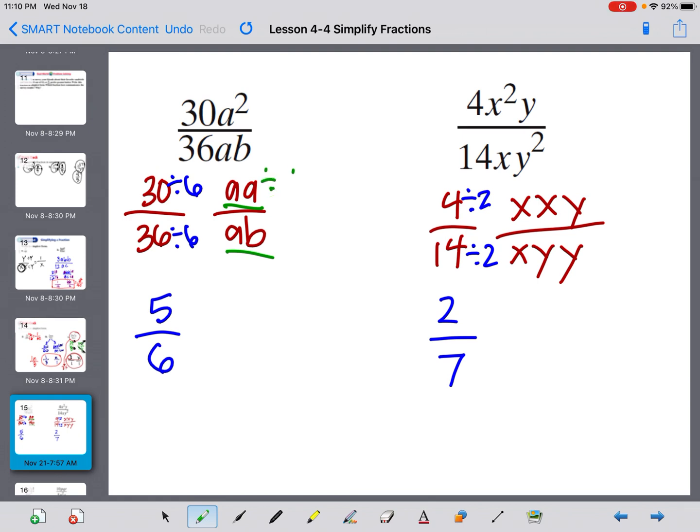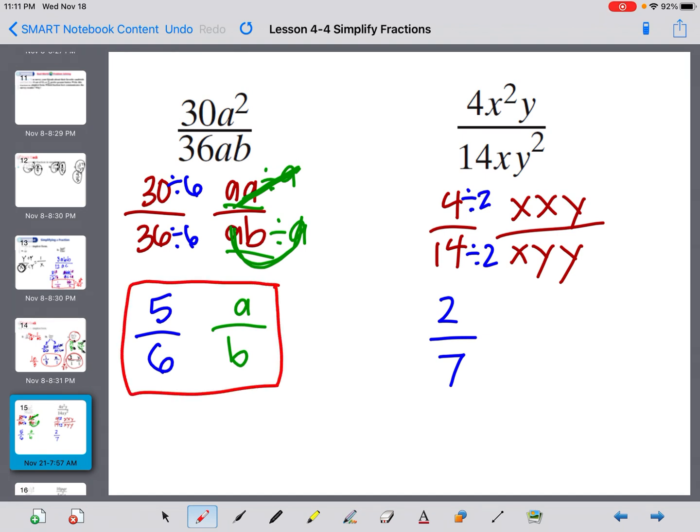I have an aa and an ab. What's in common? a. a divided by a is 1, but there's an a left at the top. ab divided by a, a b left on the bottom. Don't need that 1 in there.